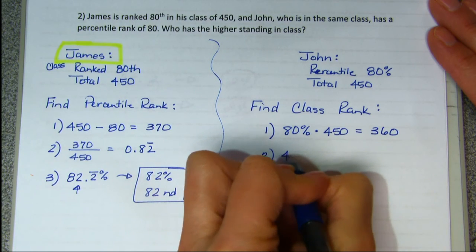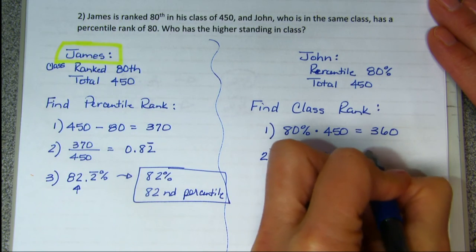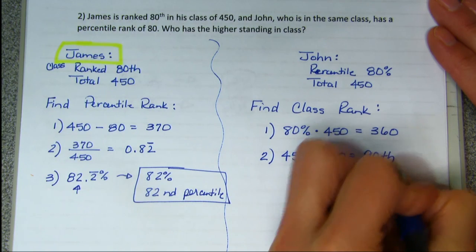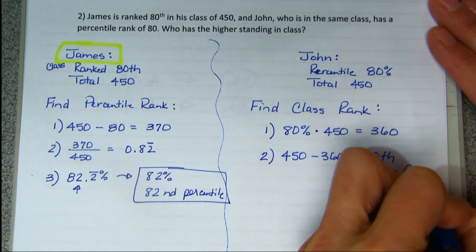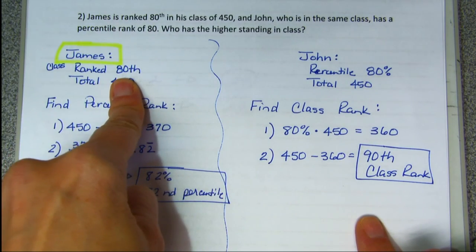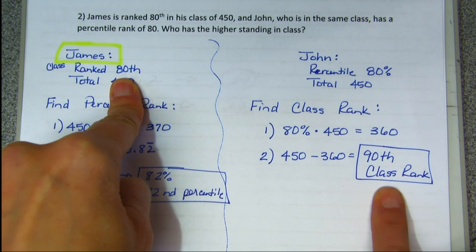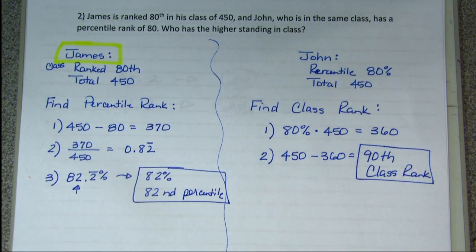So then we take the total minus that, and we get a class rank of 90th. Well, James ranks 80th, which is higher than John's rank of 90th. All right, that completes all of measures of position.